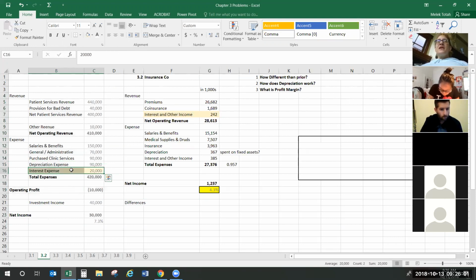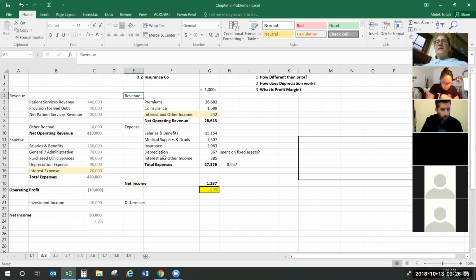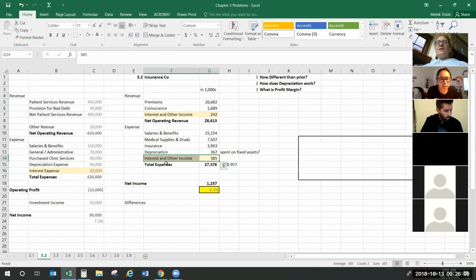But obviously, if it's an expense, it's not going to show up as revenue. It would show up as expense, and they do have that here, by the way. You see that, right? They have the interest and other income down here as well. So they've got it in both places, which is even probably more confusing. But it just means they've got some that's positive and some that's negative.